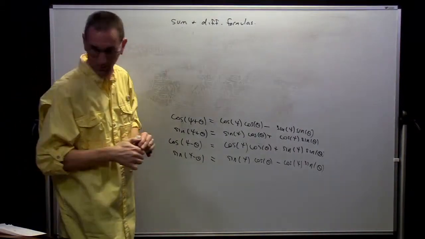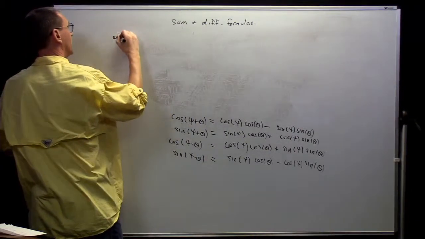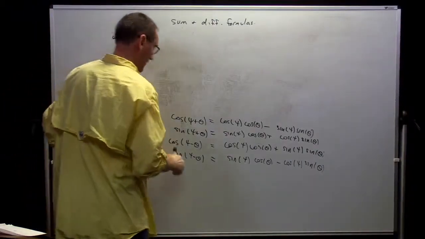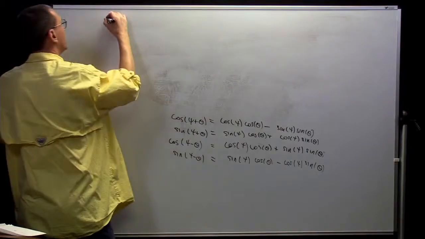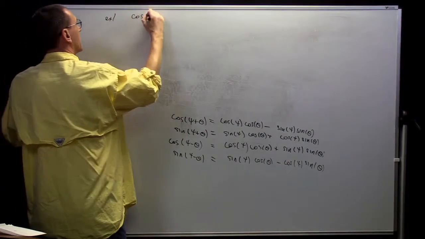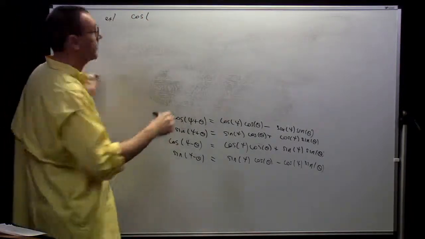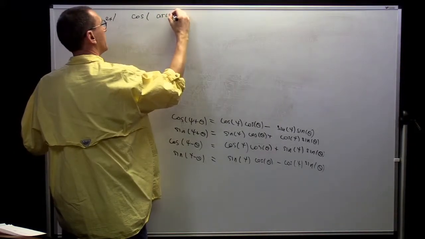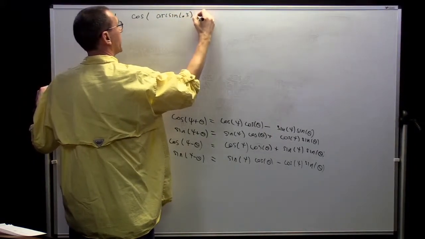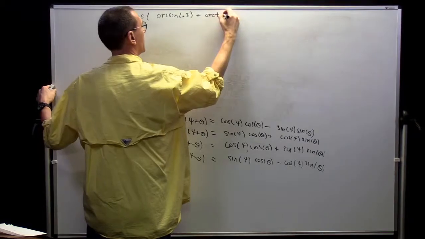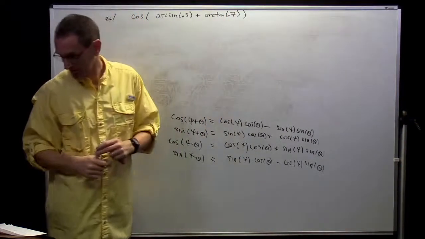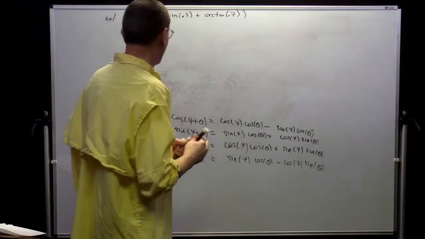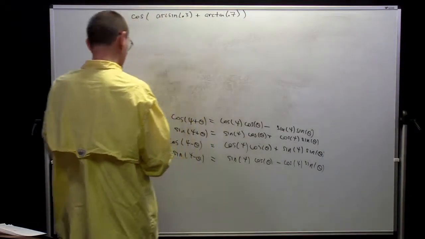We need a little more room here. What's the cosine of arcsine of 0.3 plus the arctangent of 0.7? Okay?